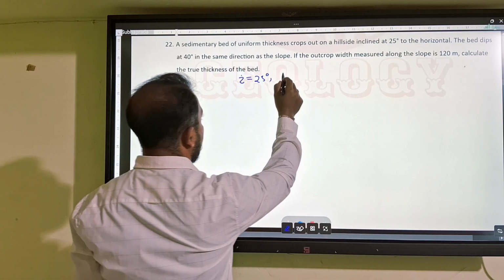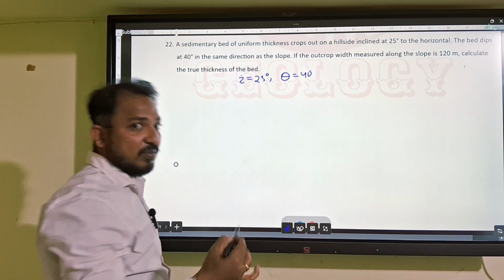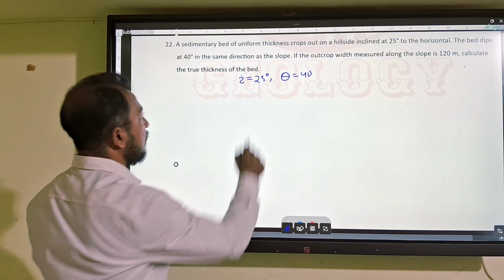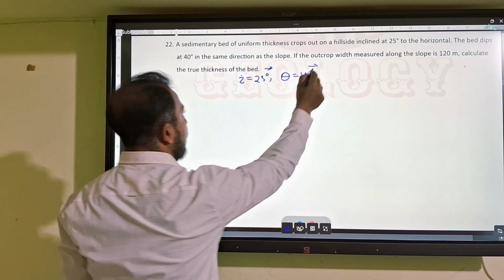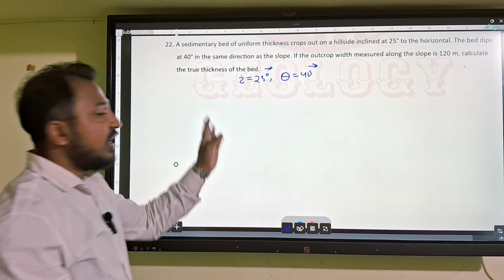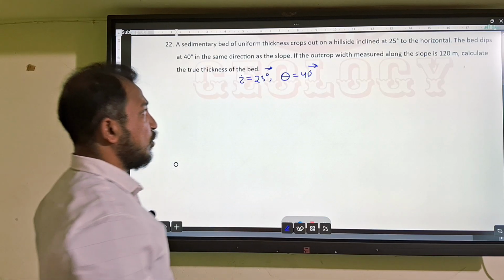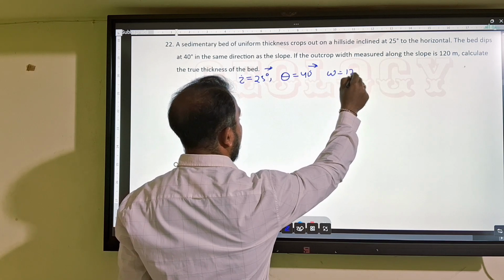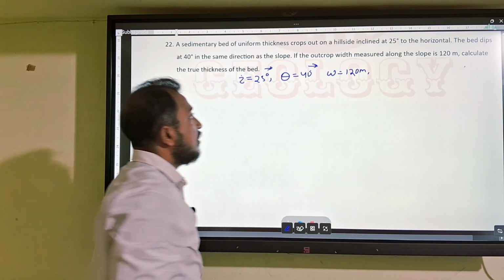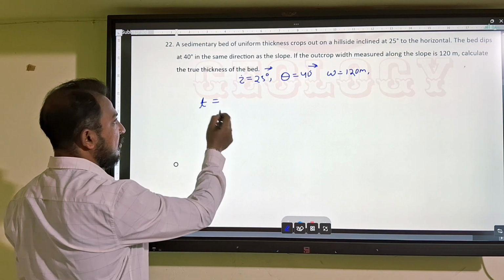So bed dips 40 degrees means theta is equal to 40 degrees, and both are dipping in the same direction. We'll take this as a symbol showing they are dipping in the same direction. If the outcrop width measured along the slope, W, is 120 meter, how will we calculate the true thickness? So simple, put the formula and we will get the answer.